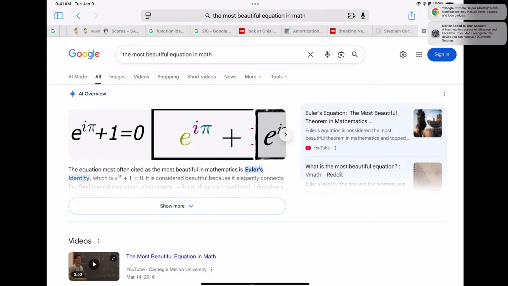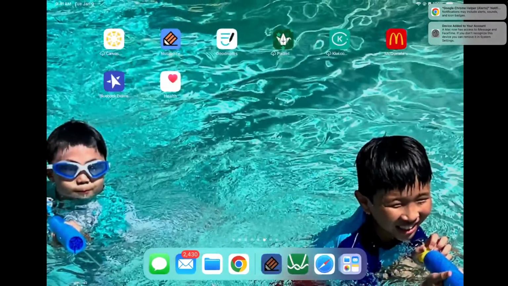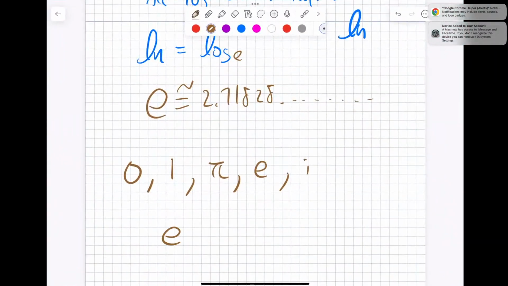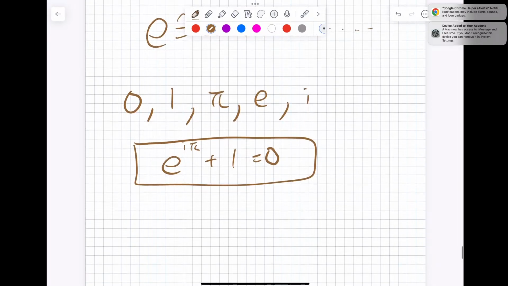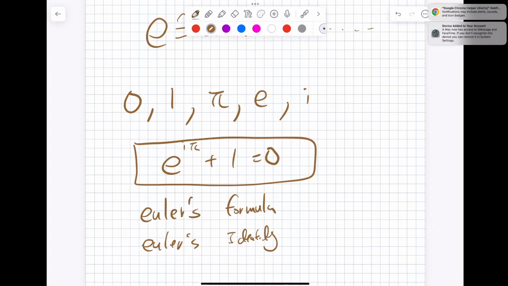And we learned all 5 numbers as of today. E to the i pi plus 1 is equal to 0. This is known as Euler's formula, or Euler's identity. Yep. E to the i pi plus 1 is equal to 0.